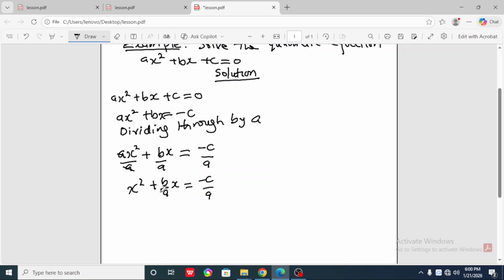So here the coefficient of x is plus b over a. Dividing it by 2 is like changing division to times and multiplying by the reciprocal of 2, which is 1 over 2.